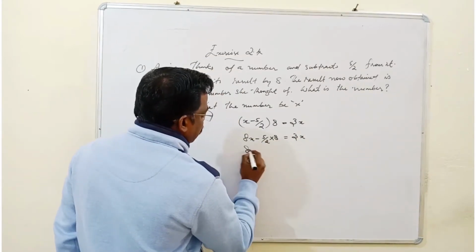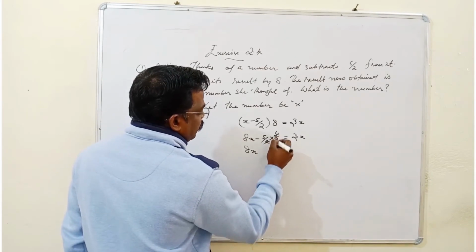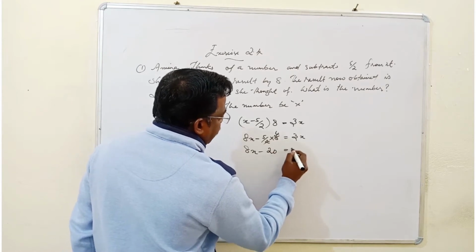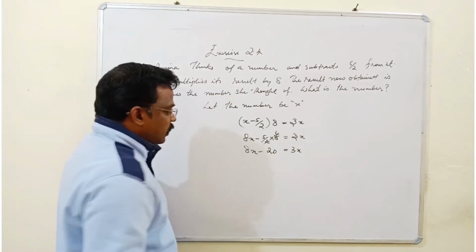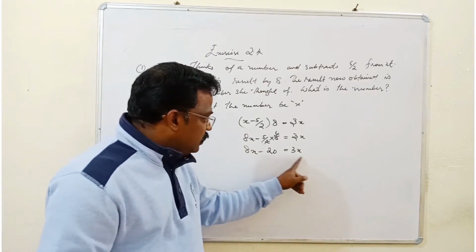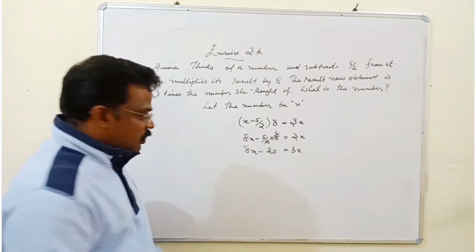So here 2 and 8, 4. 5 fours are 20, equals 3x. Now we got one linear equation: 8x minus 20 equals 3x. What do we want to do? We have to bring the x terms together.